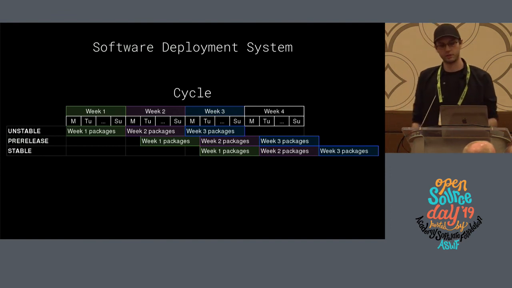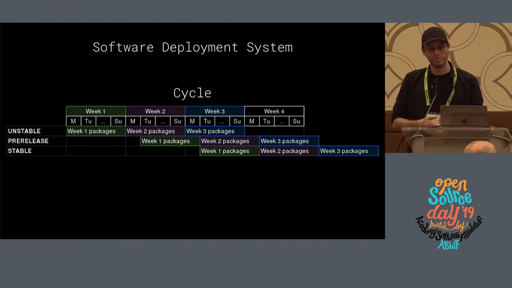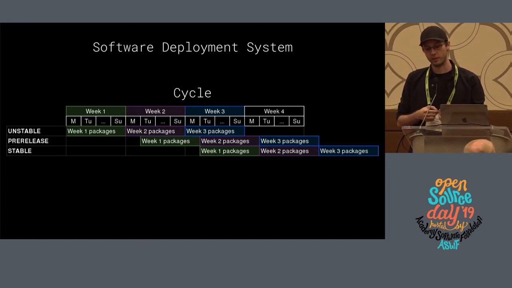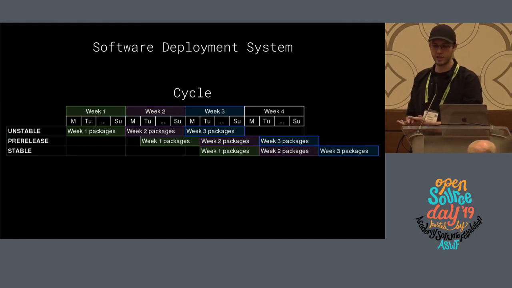And just a brief note about the software deployment system we're moving to. We have a method of taking a service-based approach to essentially maintaining a raw, unstable, pre-release, and stable set of packages, where all the rez builds go against a common raw set of packages that are just the base rez repository.